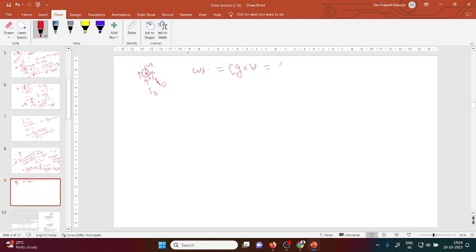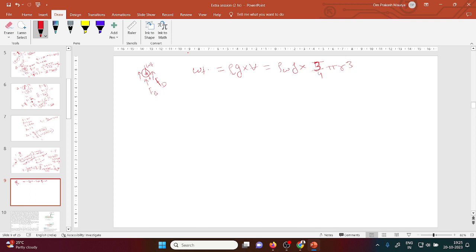Volume of a sphere is how much? 4 by 3 pi r cube, right? So this is the formula. This is your weight.